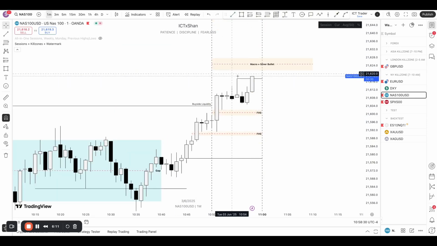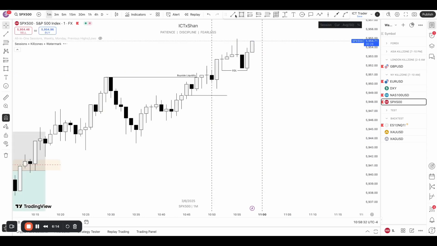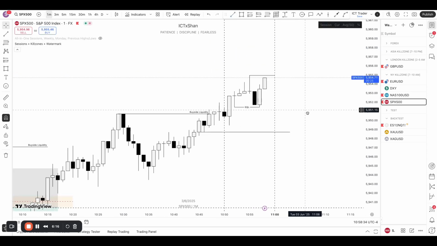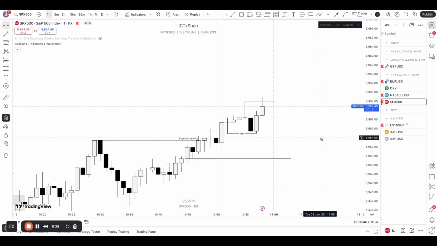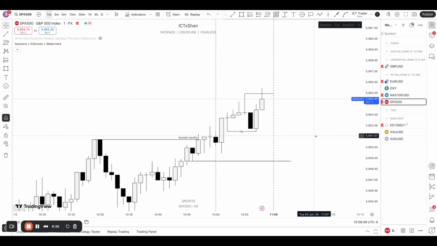Okay, NQ took this high, but yes, not yet. We'll see. Okay, yes, also took the high.